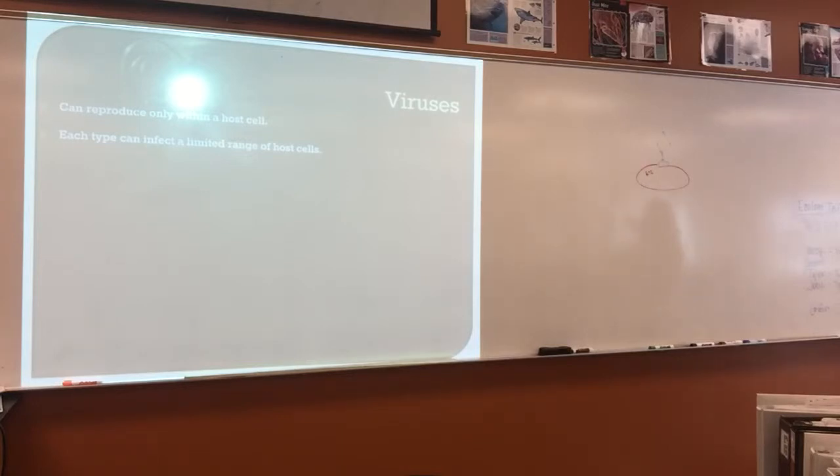Sometimes when that virus infects the species, it only infects certain cells within that species. For instance, the cold virus only infects the cells of our upper respiratory tract, and it doesn't infect the cells of your skin. Sometimes viruses can infect a limited range of different species, so they can infect humans and other species as well, and go across species. That's what is meant by a limited range of host cells.